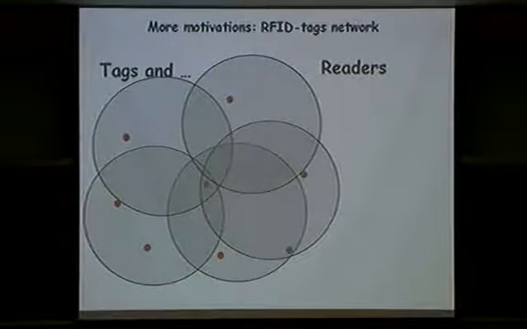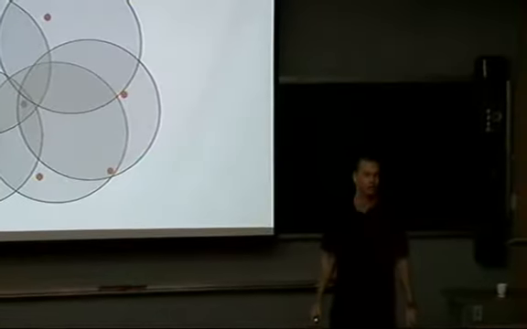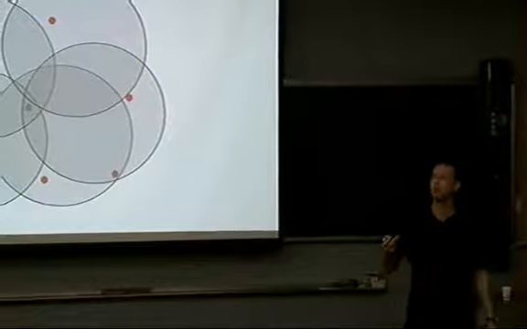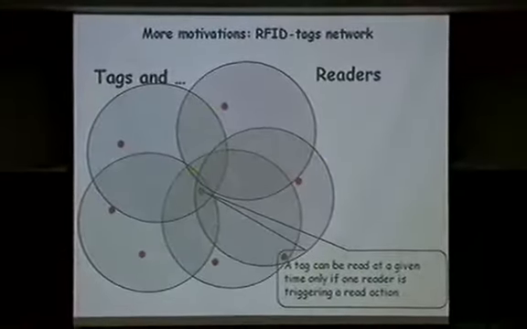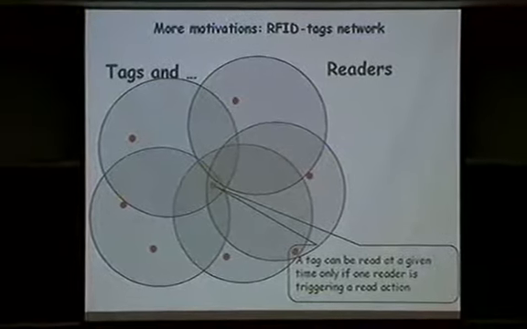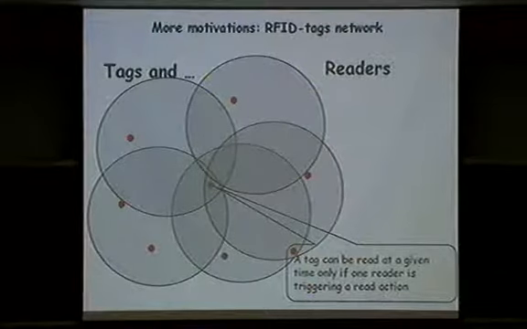And we want to schedule, so we cannot just let all the readers do a read action at one time and get the information. We need to do it cleverly. Let's assume that a tag can be read at a given time only if one reader is trying to initiate a read action at that point. So now we want to schedule the readers to read the information.